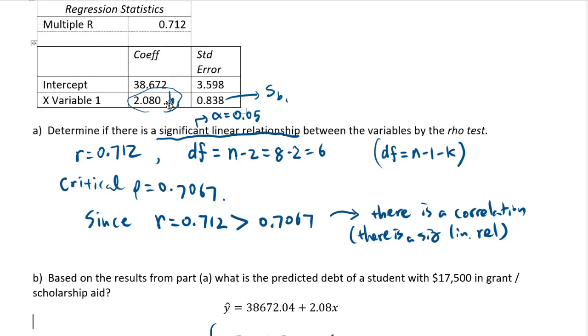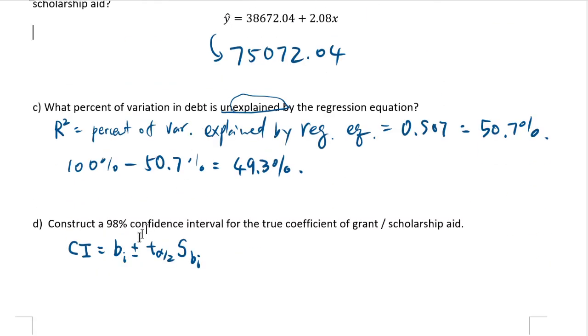So we have both values, b1 and s b1. The only thing that's missing is t alpha over 2. So how do we get that? For the critical value in the t distribution, you need to first find the alpha level, which is 1 minus the confidence level of 0.98.